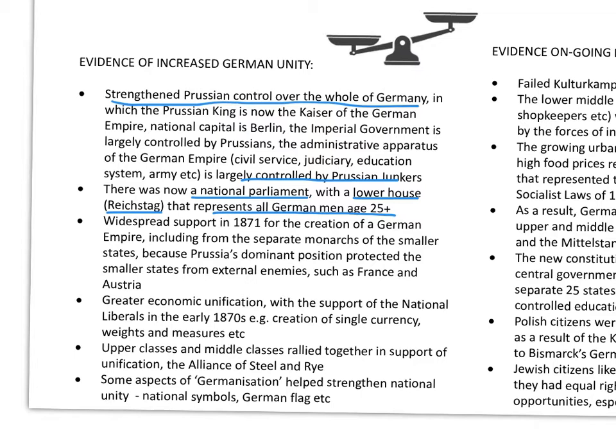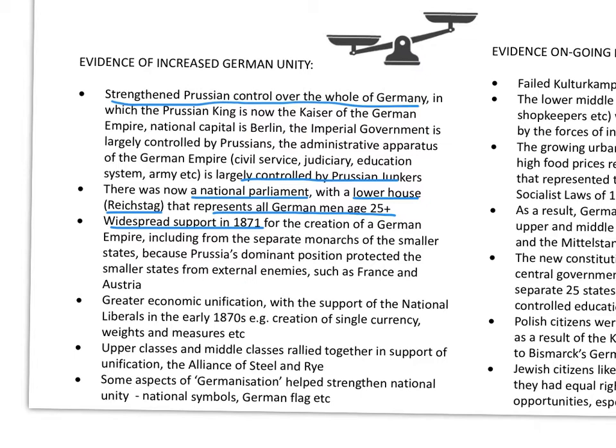And linked to that, because it's a constitutional point, in 1871 there was widespread support within the German Empire for the fact there is now a unified country to pull them all together.